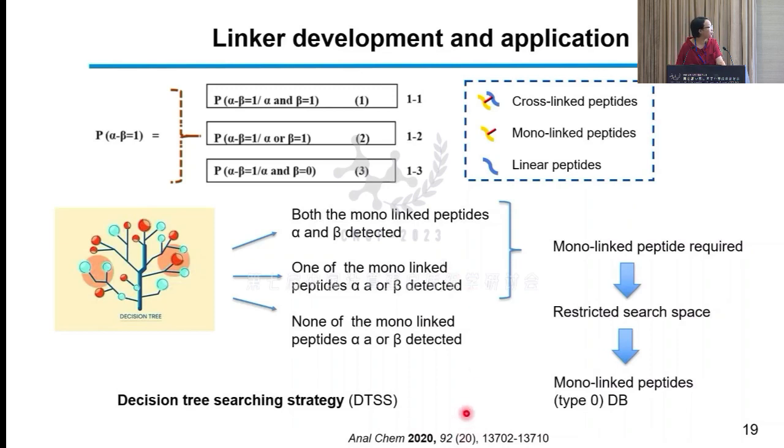We think the third one is rare because of the mass spectrometry sensitivity, so we can reduce the search space to the first two cases. Then the search space can fall into mono-linked peptides, and we build a mono-linked peptide database.